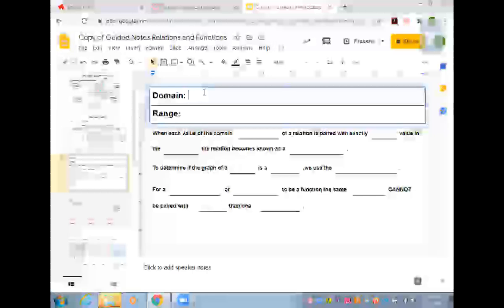The X's. So the domain will be the X values in a relation. So then that means our range is our Y values in our relation.